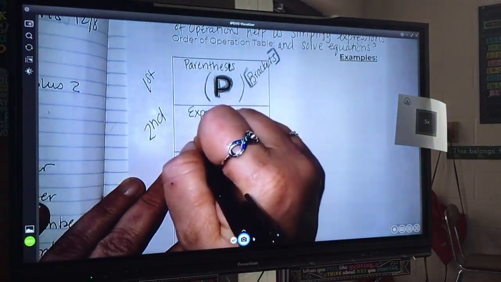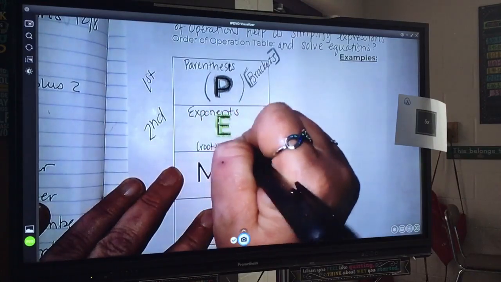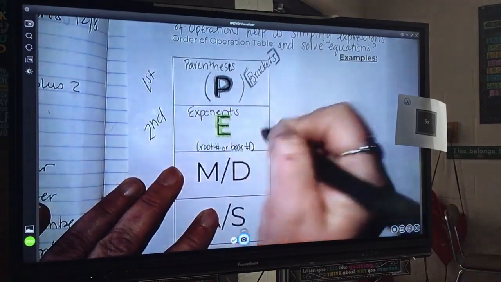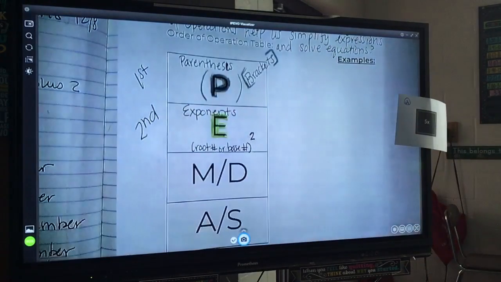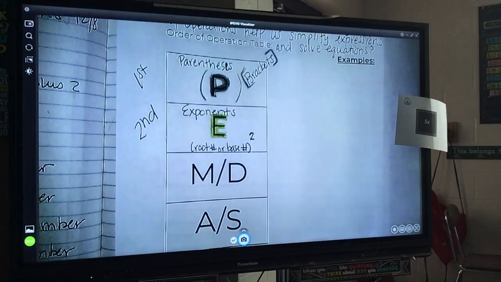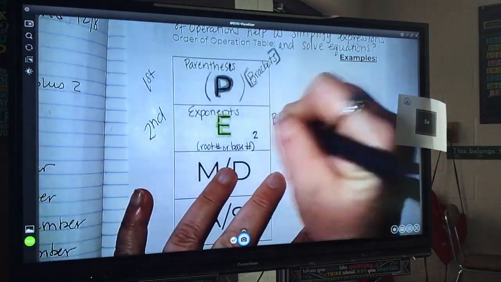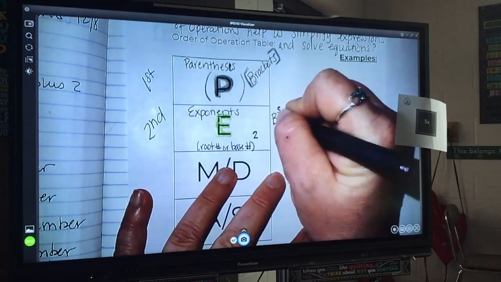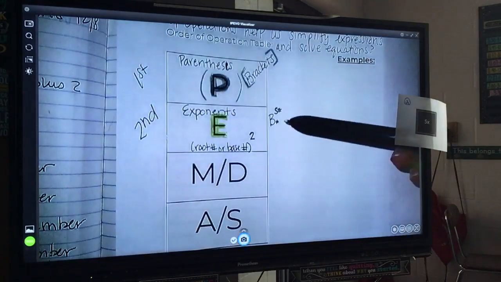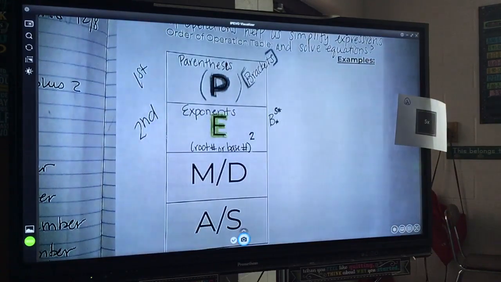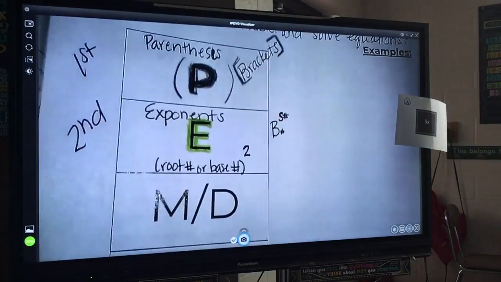You have the root number or base number on the bottom, and then the exponent is always the number that is up in the corner, okay? I like to do big number, small number, that's what that says right there. So big number, small number.